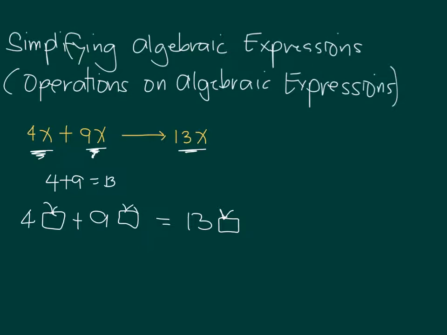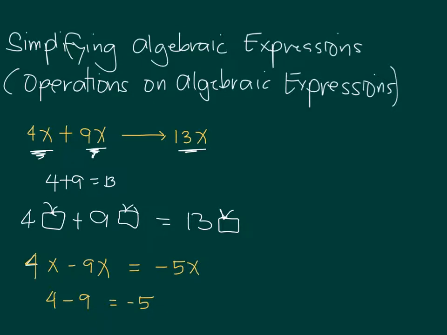Sometimes you will get 4x minus 9x. So you work on it as if you're working with numbers. So this is 4 minus 9. So 4x minus 9x is 4 minus 9, which is negative 5. So 4x minus 9x is negative 5x.